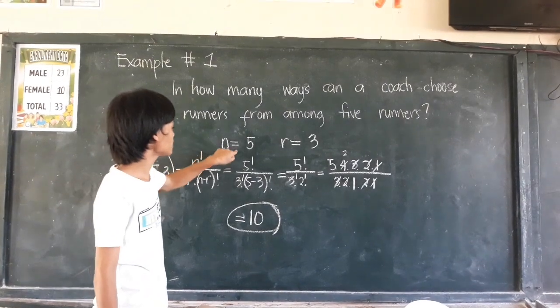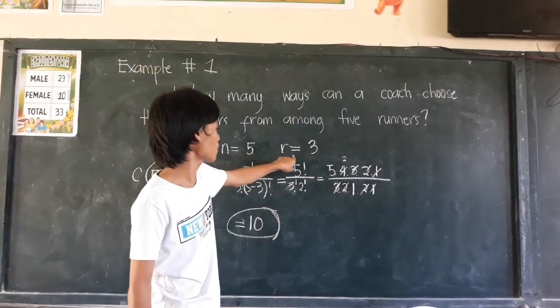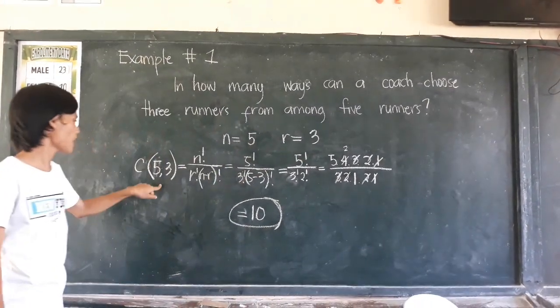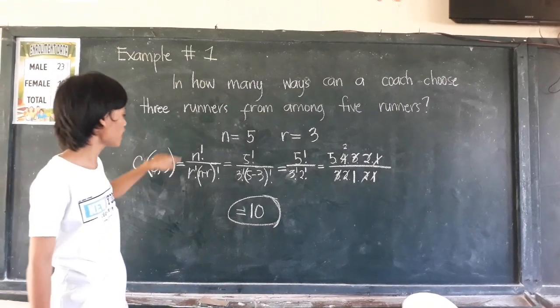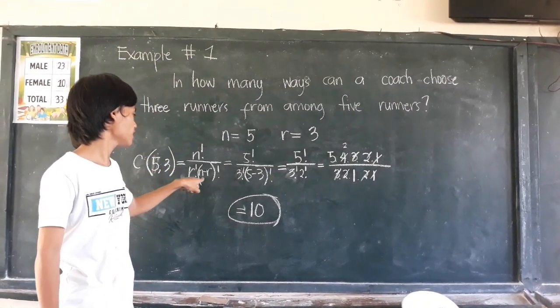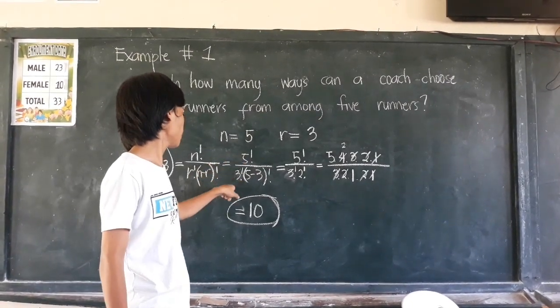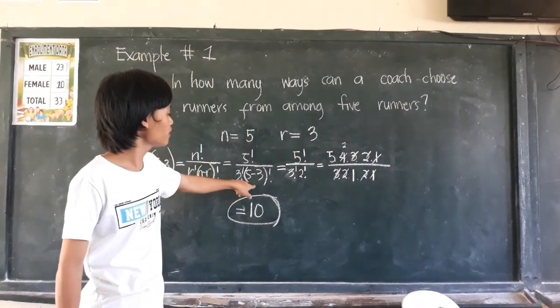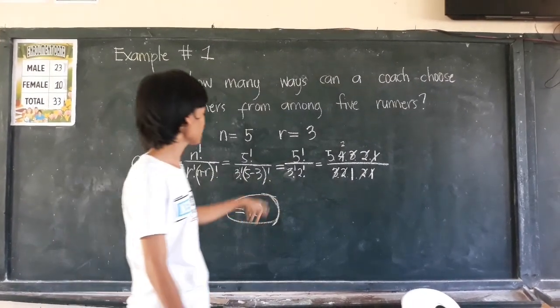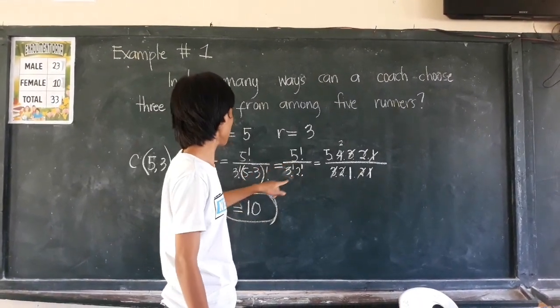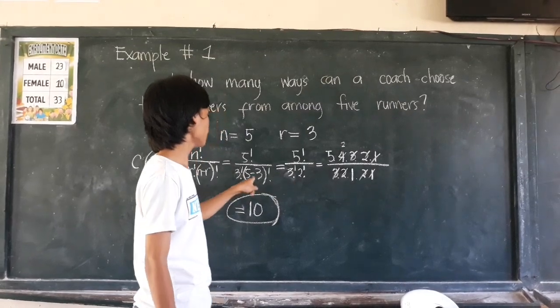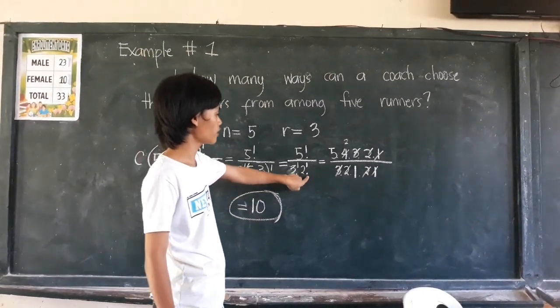So n is equal to 5 and r is equal to 3. So C(5,3) is equal to n factorial over r factorial times n minus r factorial, which is 5 factorial over 3 factorial times 5 minus 3 factorial. 5 minus 3 is equal to 2 factorial.